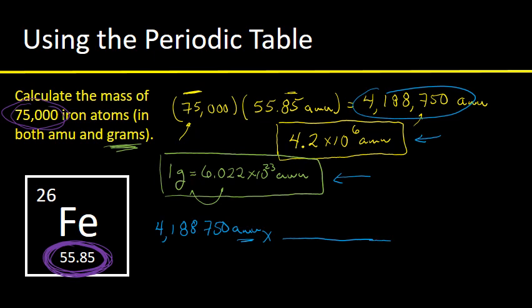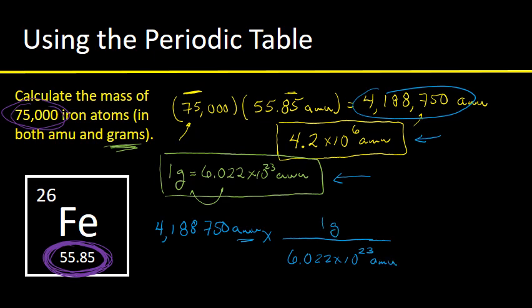Okay. Also, before we do this, we can think about our result, right? 75,000 is a lot, but atoms are so very, very, very small. 75,000 is not very many atoms. And so when we calculate this in grams, we should get a really, really small number.